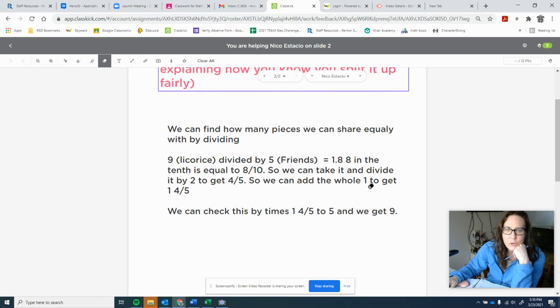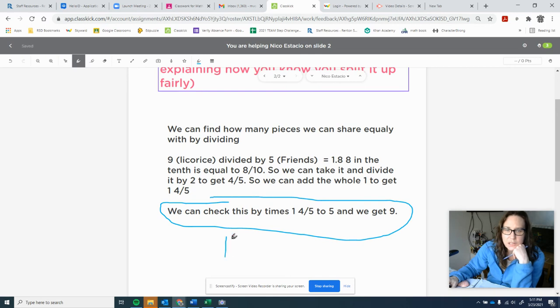So we can add the whole 1 and get 1 4/5. We can check this work. I loved this part, that you checked the work and you basically said 1 4/5 times 5 should equal 9. And it did when he worked it out. And it should.